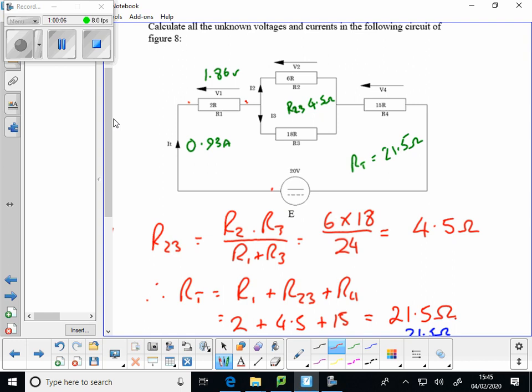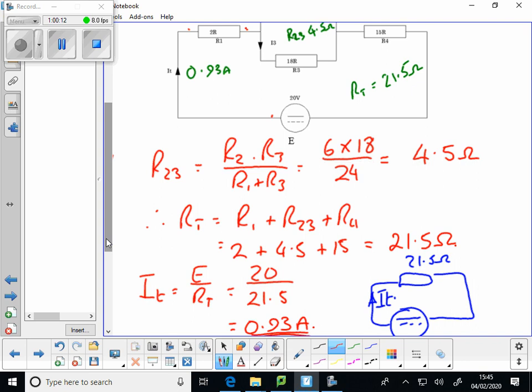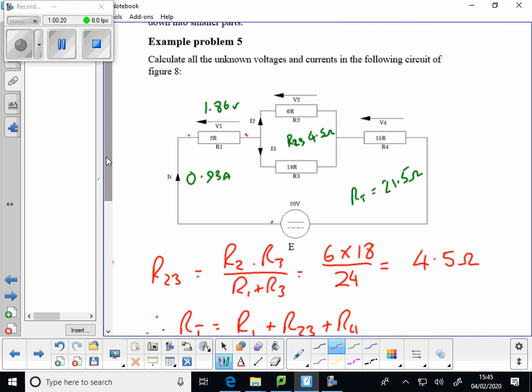Do you get that or not? Some of it goes that way, some of it goes that way, but all of it travels through this 4.5 ohms equivalent. Remember, you calculated that equivalent resistance. It's like saying we take those two resistors out and put a 4.5 in there.